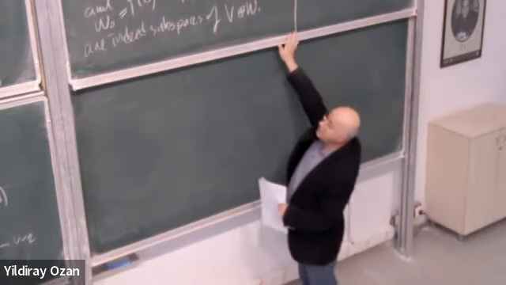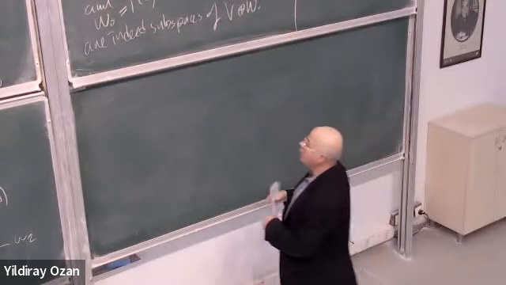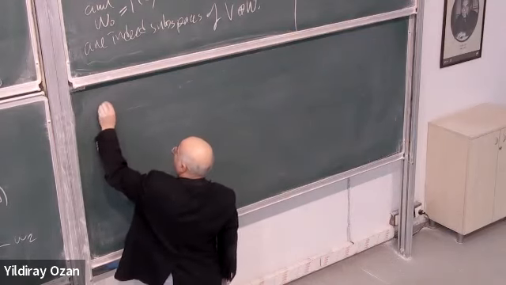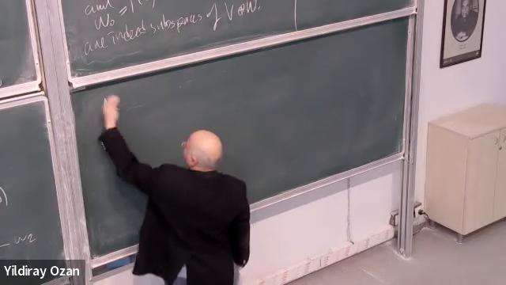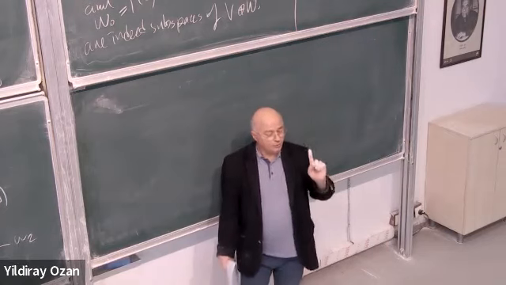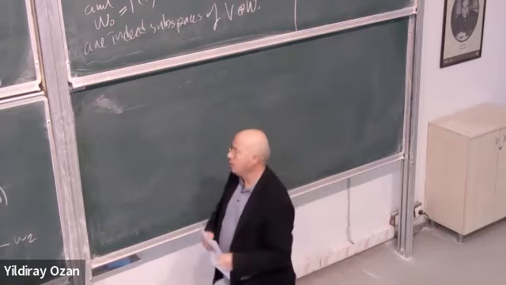We claim that these subspaces are actually isomorphic to V and W, and I guess it is clear. So let's write down an isomorphism. Actually, I shouldn't say an isomorphism. Of course, there are many isomorphisms, but there is a canonical one.